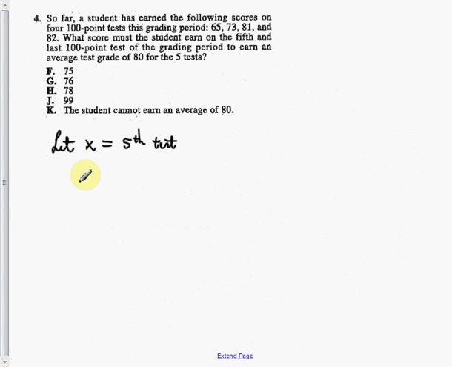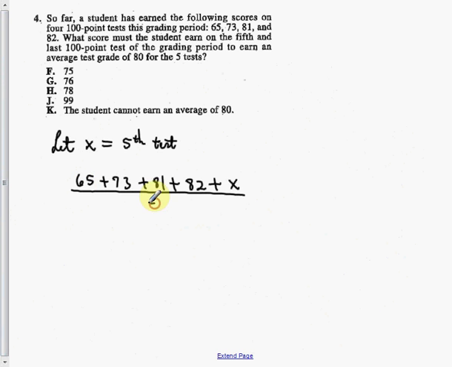So if that's the case, here I have a 65 is the first test, plus the second test, which is a 73, plus the third test, which is an 81, plus the fourth test, which is an 82, plus the 5th test. The 5th test is X. So if I get the average, that means add them all up, divide by the total number of tests. How many tests are there?